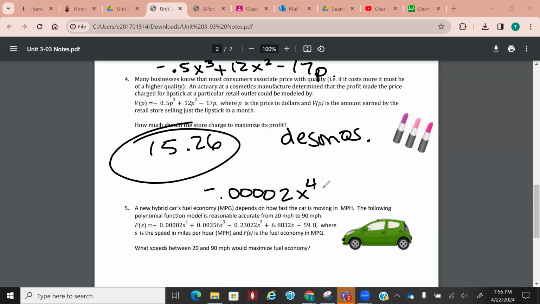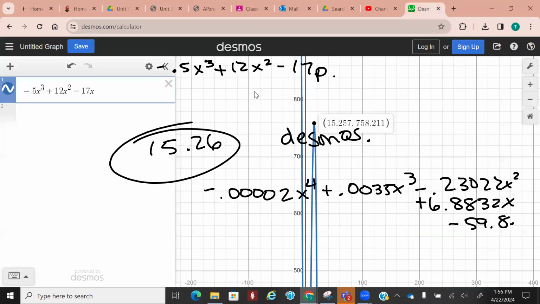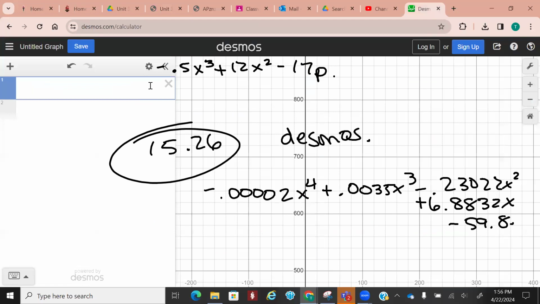Negative 0.0000234 2x to the fourth plus 0.0035x to the third minus 0.23022x squared plus 6.8832x minus 59.8. Okay, so we're going to go into Desmos, and we're going to type that in.